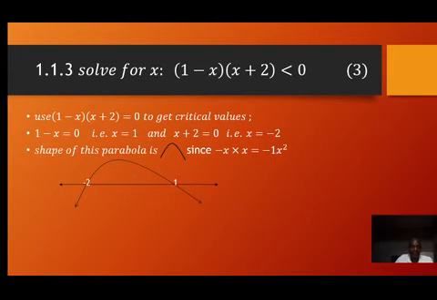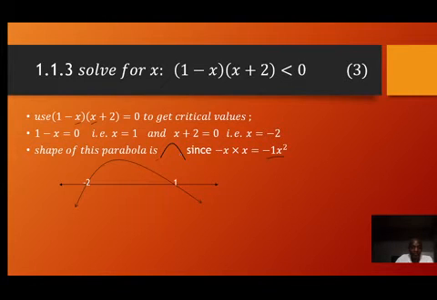And then if you check our inequality, we see that if I multiply this negative x by the positive x, it gives me a negative x squared. Because of negative x squared, it means that my shape is going to be like this.